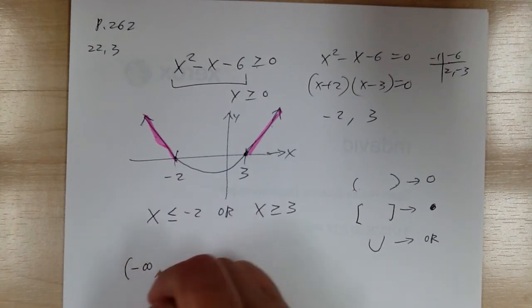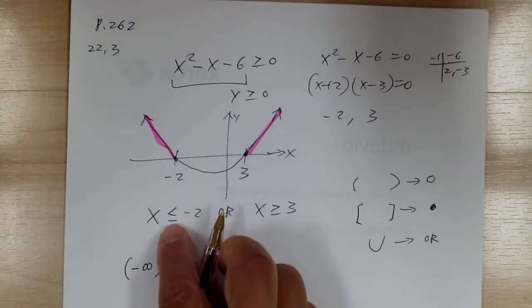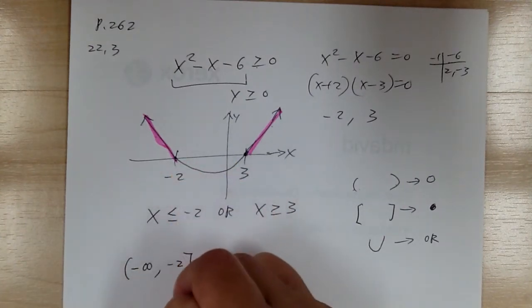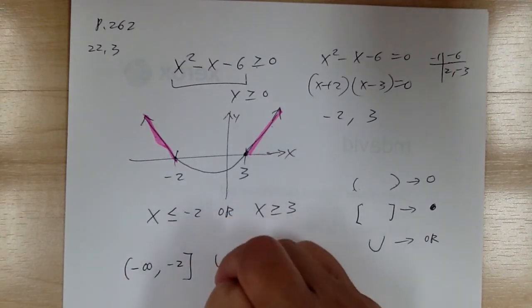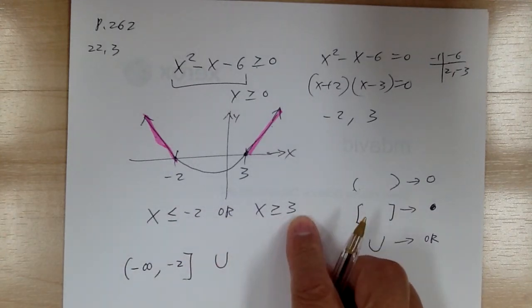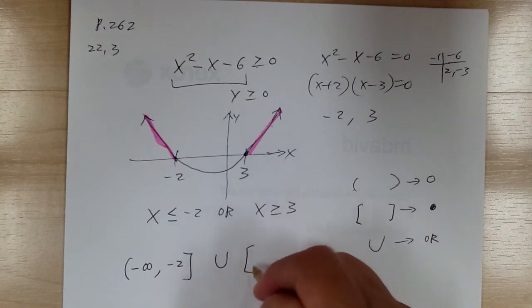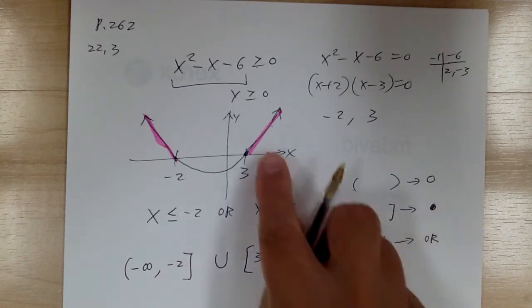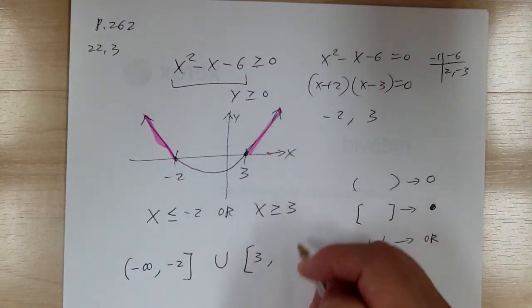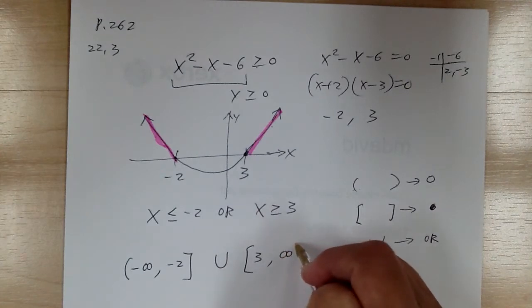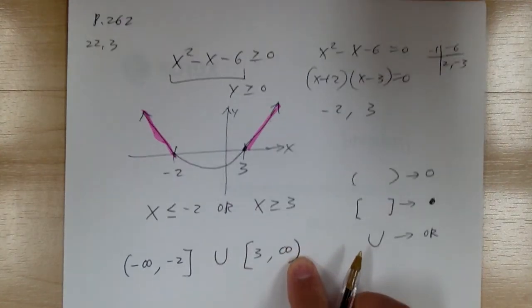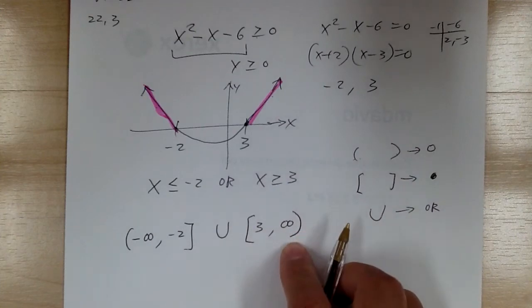So it would be -infinity, comma, -2. And since this is a solid dot, it includes that. Or, which means union. This is non-strict, so it would be 3, comma, and you go to infinity. Because you never actually reach it, you cannot include the infinity, so you use the parentheses like this.